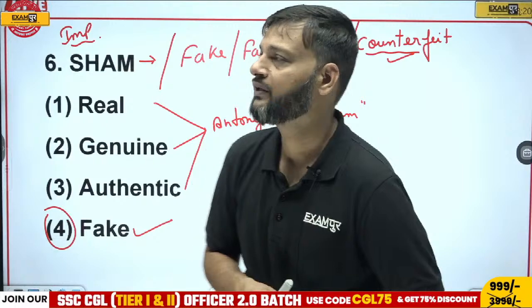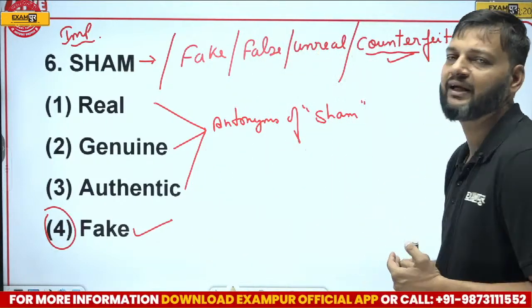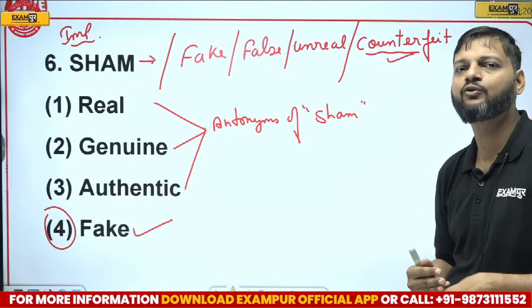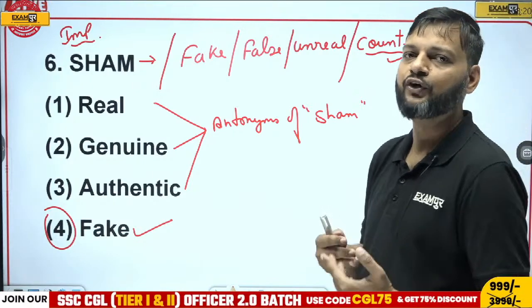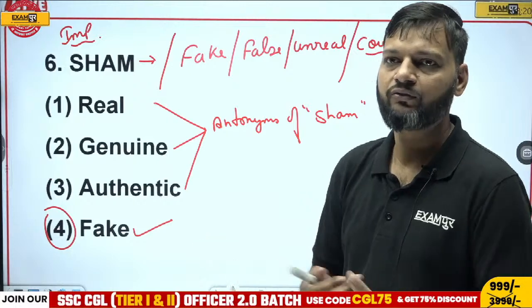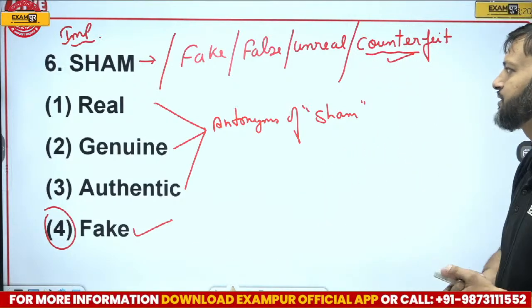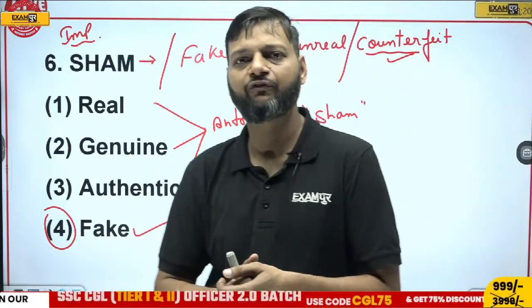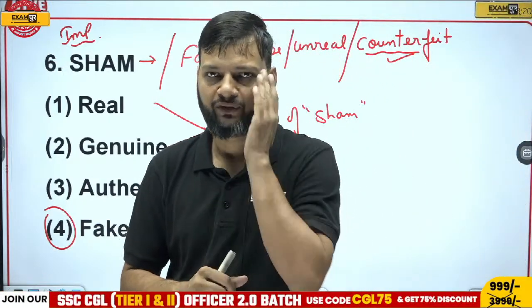So the synonym of sham is fake, or in place of fake you might find the word counterfeit or false also. So remember all these words. Sham means fake, false, unreal, or counterfeit.